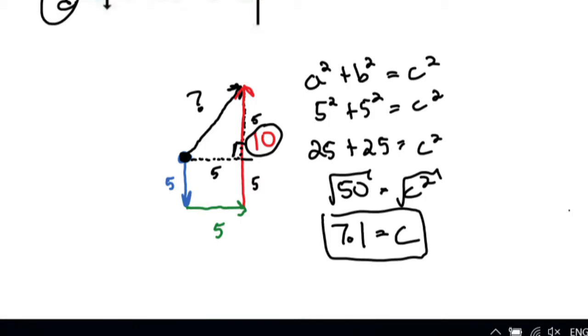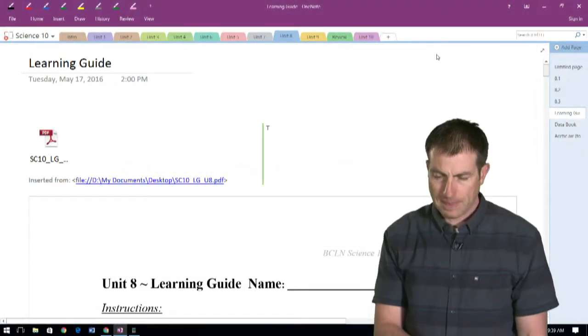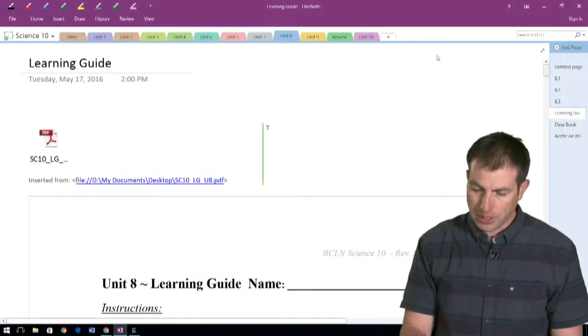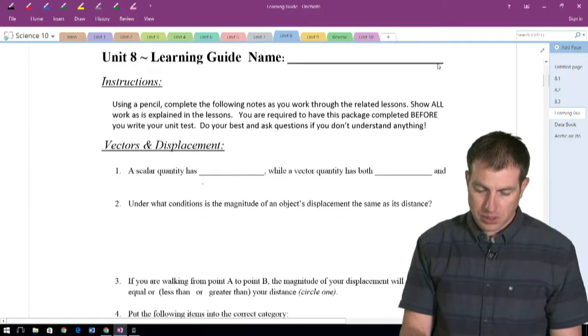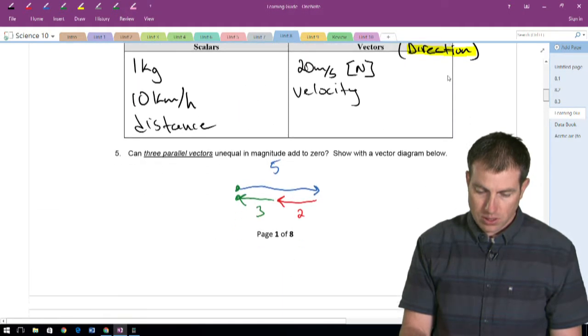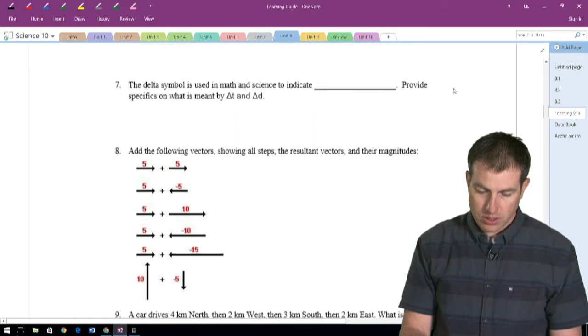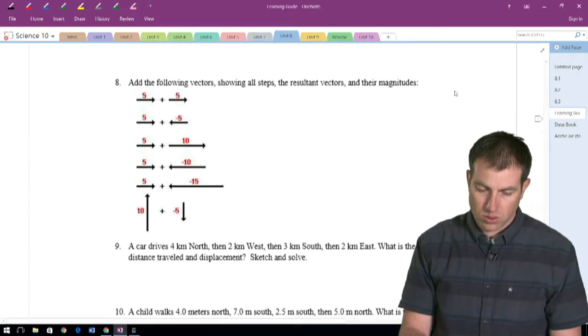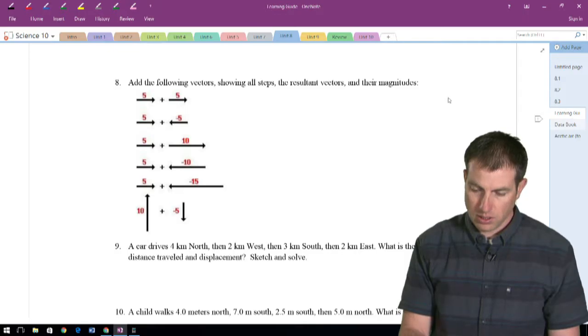Is this in the learning guide? I'm not sure, Costin, is it in the learning guide? I'm going to assume that because you can't find it, it's maybe not in there. Let's have a little peek. Vectors and displacement, we haven't talked about that. We've got some distance. We're talking about vectors. Oh, number 8 looks like we've done it already.